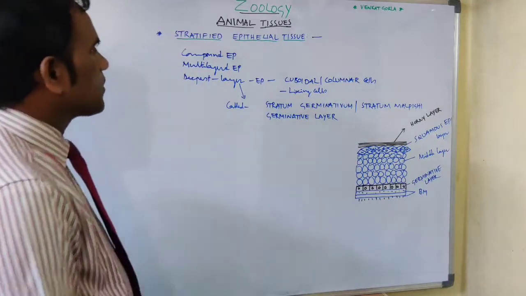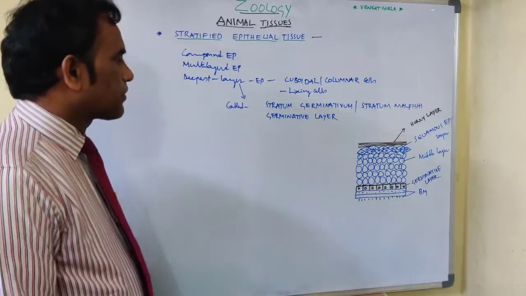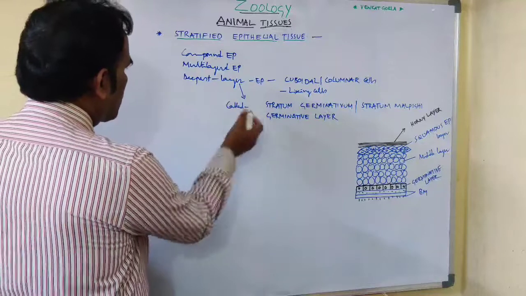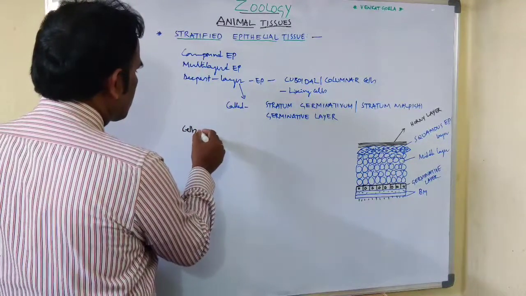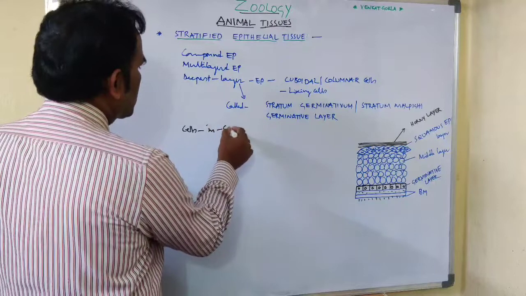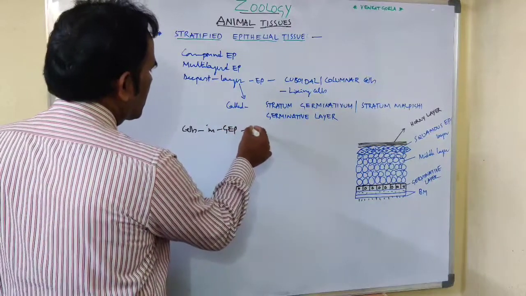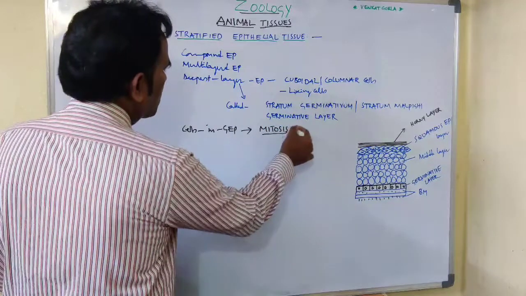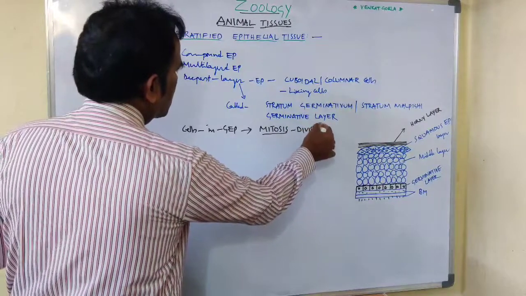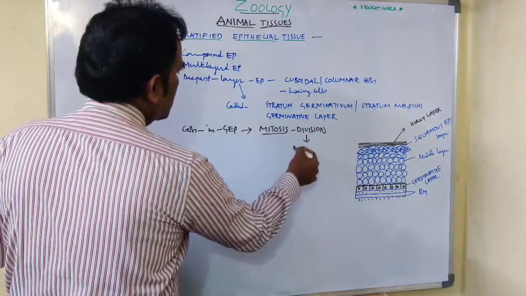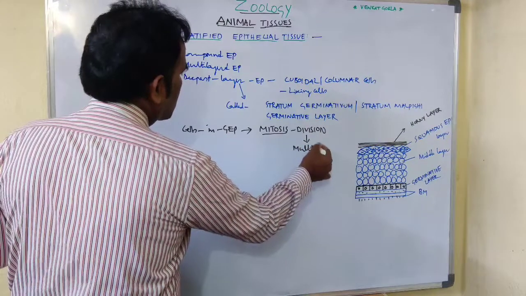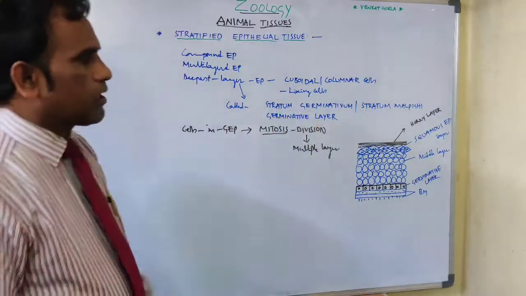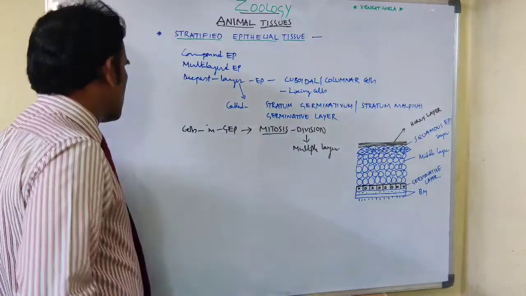So the cells in the stratum germinativum, or stratum malpighi, divide by mitosis and form multiple layers. The middle layers are called the middle layer, and the superficial is called squamous epithelium.